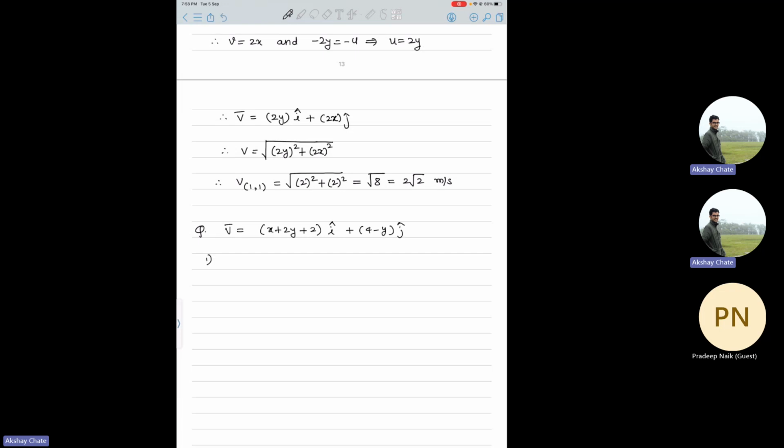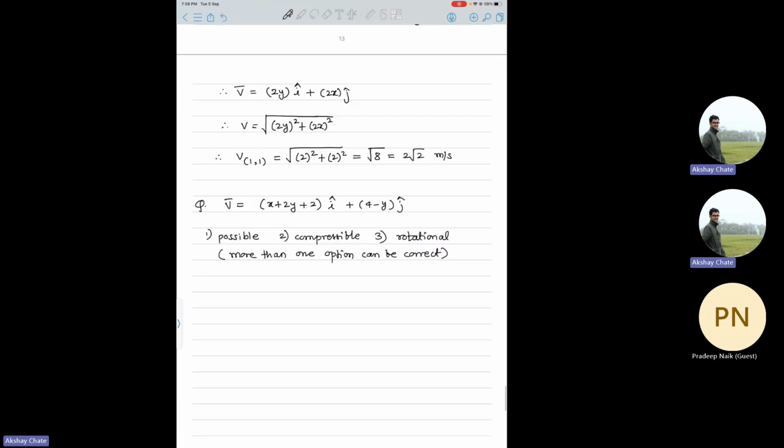The options are: first, possible flow, meaning it is not impossible; second, compressible; and third, rotational. So more than one option can be correct.